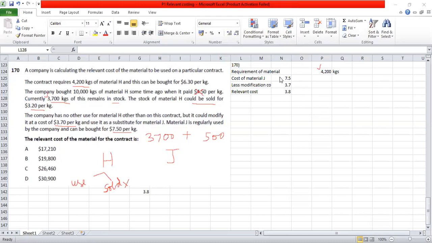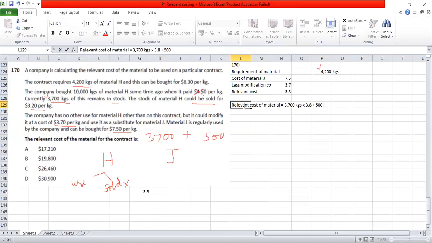Now, we have to split this 4,200 into two different parts. So relevant cost of material is equal to, the first part is 3,700 kgs into the relevant cost. Relevant cost, we already got it as 3.8. Because in store, they have only 3,700. So the remaining part of 500 kgs will be acquired at either 6.3 or 7.5.